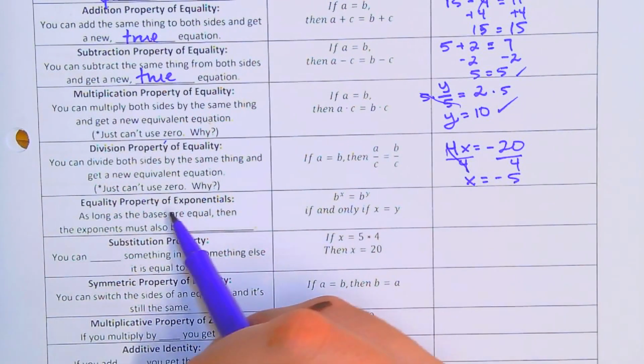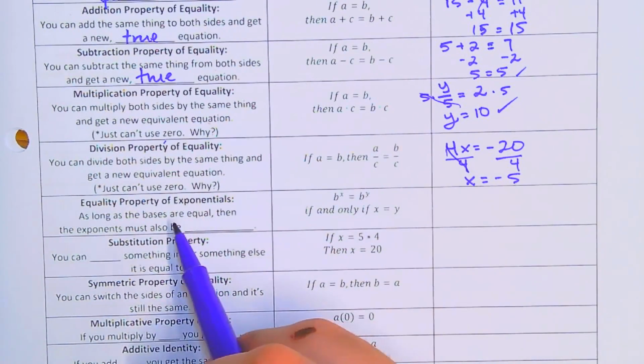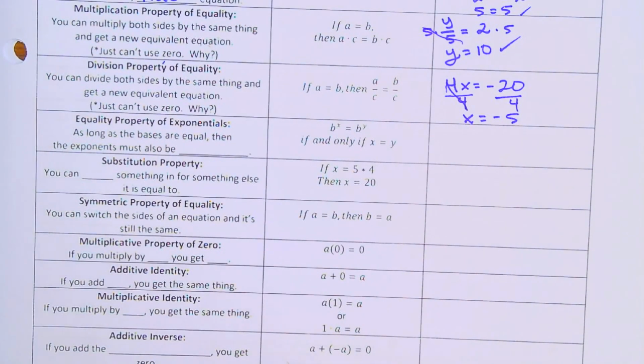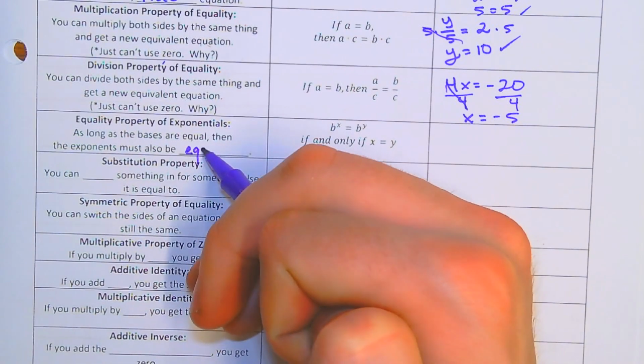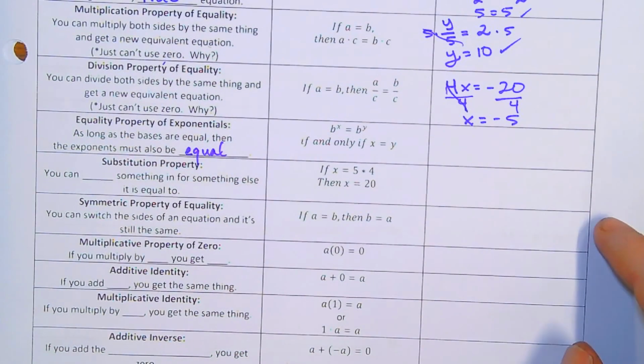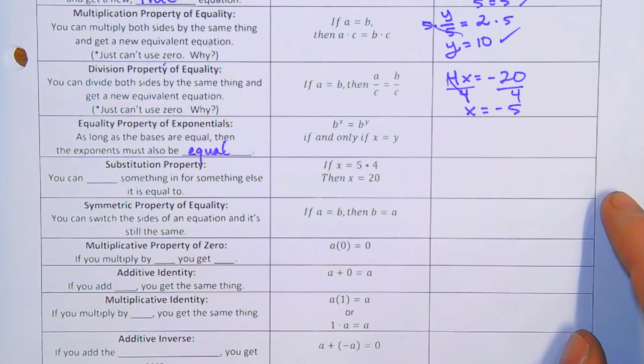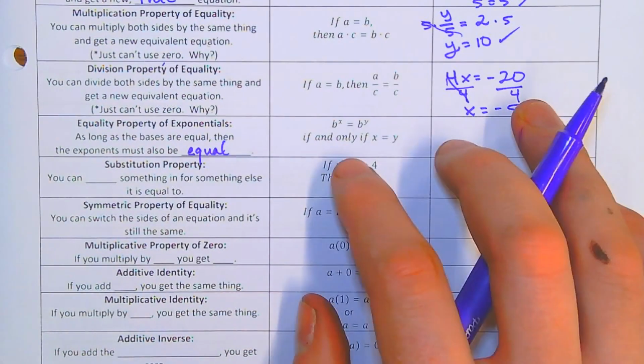Now, this is from our last class, where we talked about the equality property of exponentials. As long as the bases are equal, then the exponents must also be equal. So, if you guys haven't learned about this, refer to the last section of your notes. It's very helpful in learning what it means.